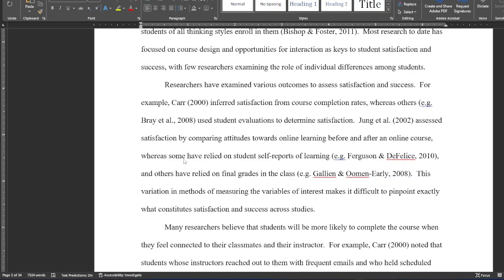Here we have, whereas some have relied on student self-reports of learning and others have relied on final grades in the class. That's a sentence that stands grammatically correct if you take out the parentheticals, right? So always test whether you have put too much or the wrong things into the parentheses by removing the parentheses from the sentence, and does the sentence still make sense?